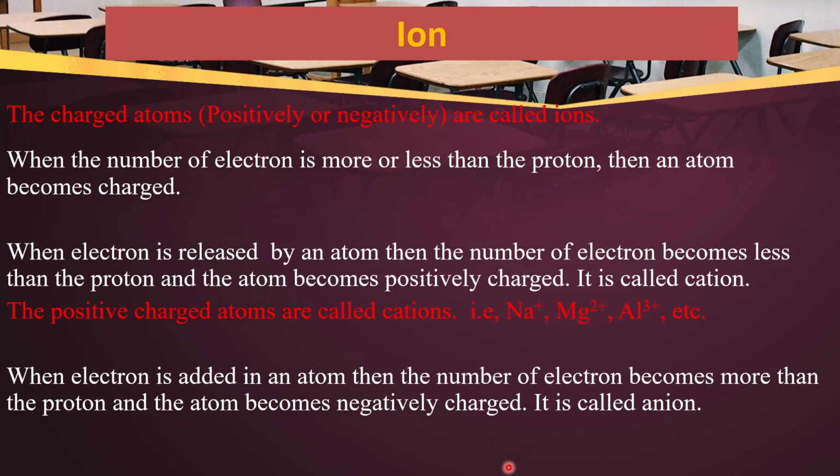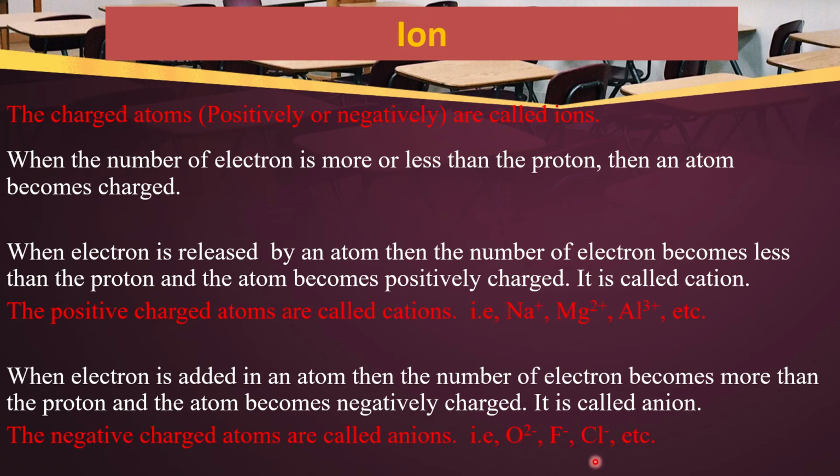It is called anion. So what is anion? The negative charged atoms are called anion. For example, O2-, that means oxygen, it has 6 electrons on its outermost shell, so it will accept 2 electrons for gaining stability, so it will become dinegatively charged O2-.